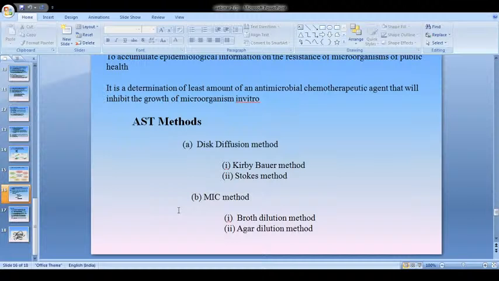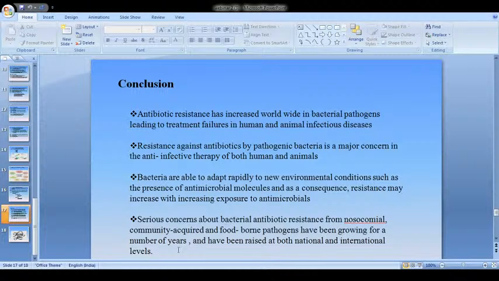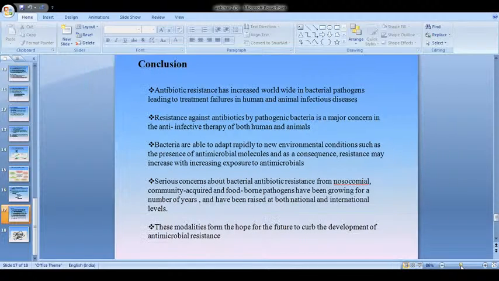So by conclusion, antibiotic resistance has increased worldwide in bacterial pathogens, leading to treatment failures in human and animal infectious disease.